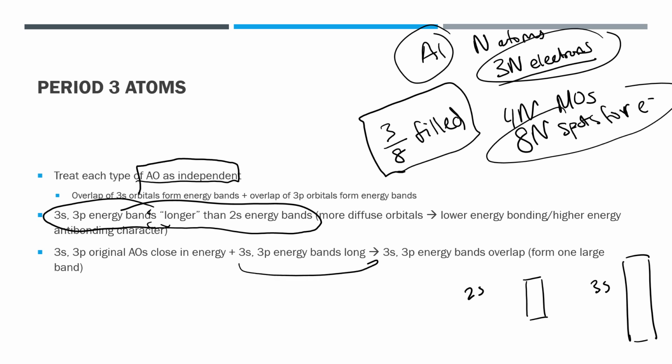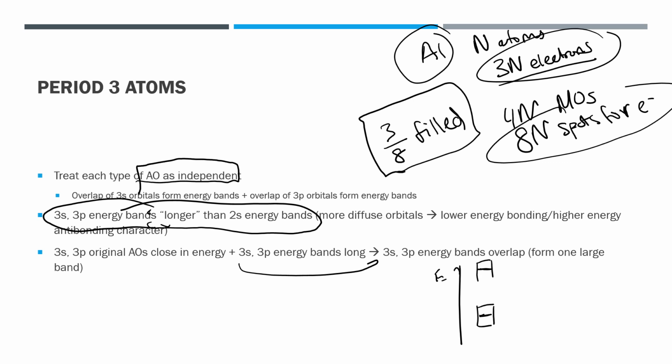So we have these two things coming together: our bands are going to be longer for 3s and 3p, and our original atomic orbitals are closer in energy. Let's draw this a little better. If I have an energy diagram with 2s and 2p, our bands are fairly small, whereas if we have 3s and 3p, our bands are much longer.